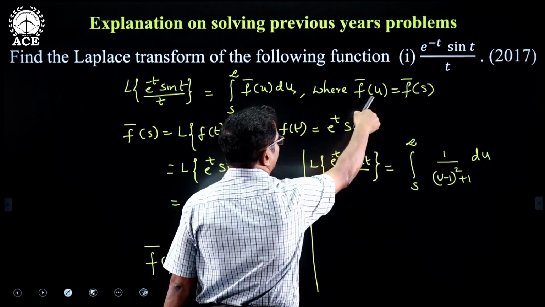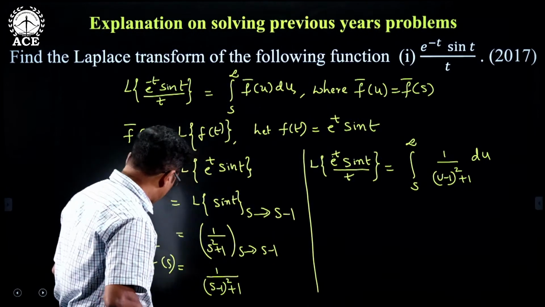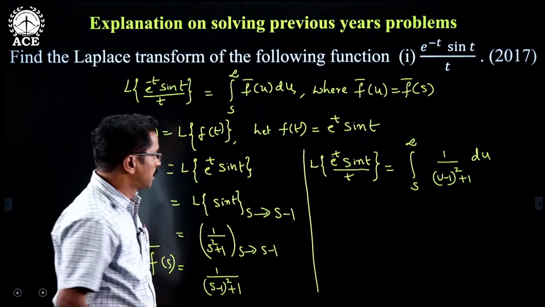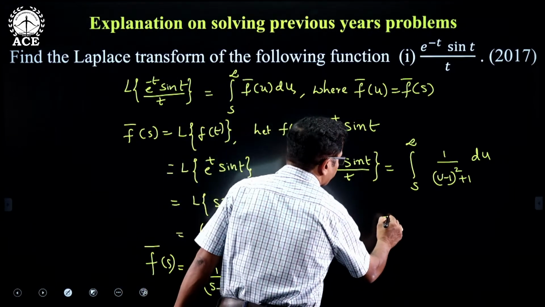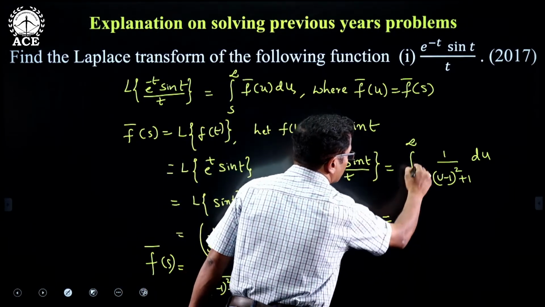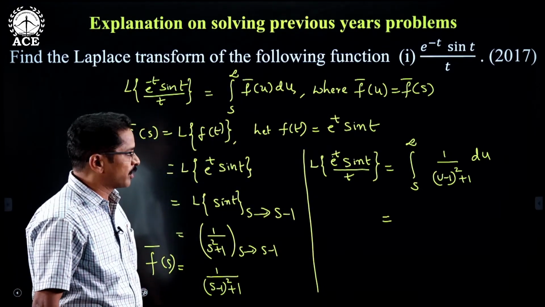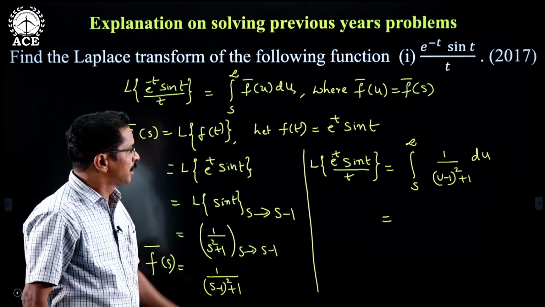Because f bar of u equals f bar of s, I took this f bar of s and am writing it in terms of u minus 1. So this equals the integral of 1 by x square plus 1 dx. Integration of 1 by x square plus 1 dx is tan inverse, no?